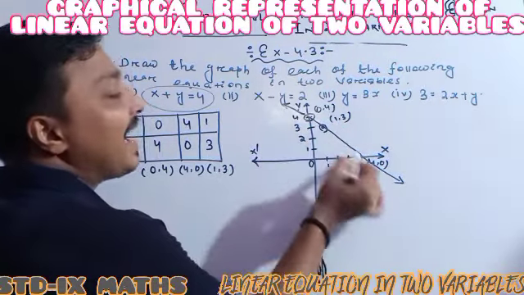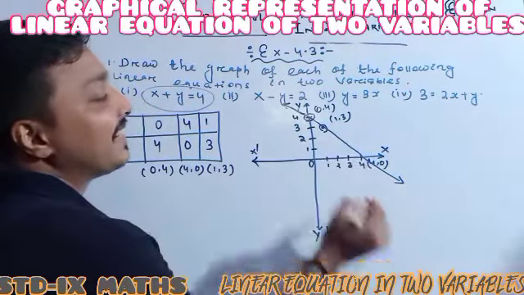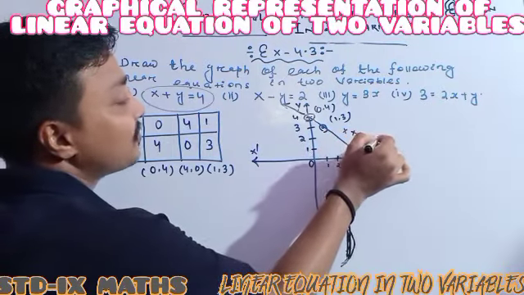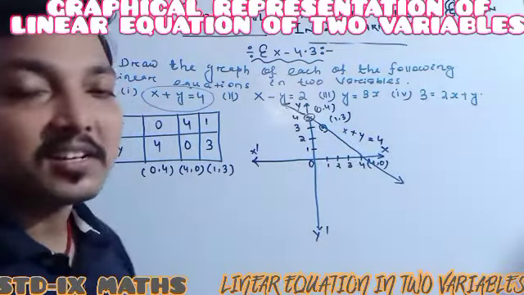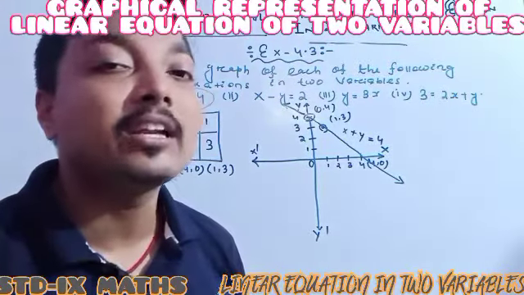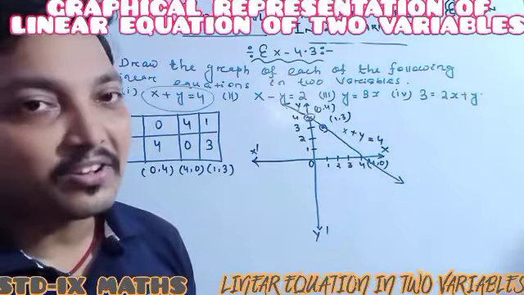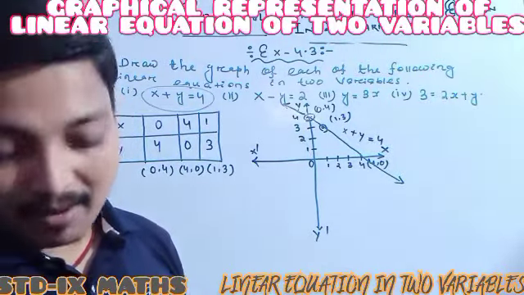Here also 1, 3 lies here. And whenever you draw, write x plus y is equal to 4, so that everyone can understand this line represents the linear equation in two variables, x plus y equal to 4. Easy or difficult? Just tell me how we have done this question.